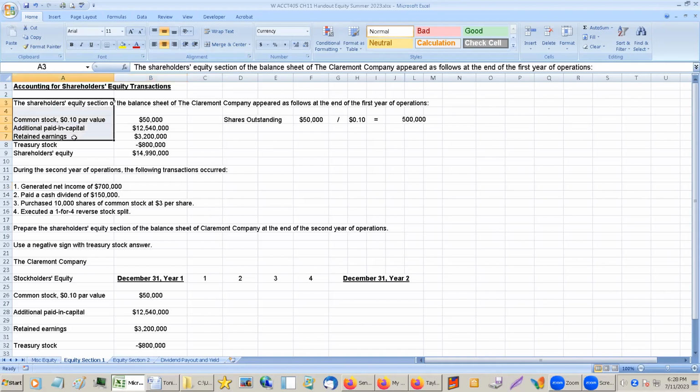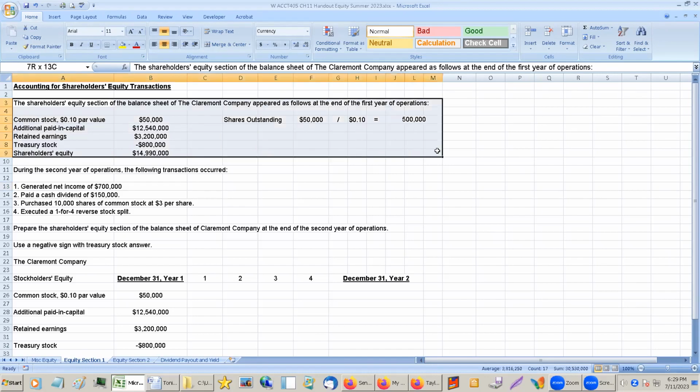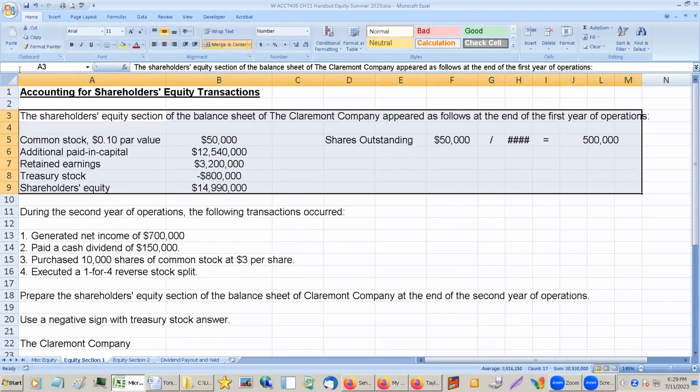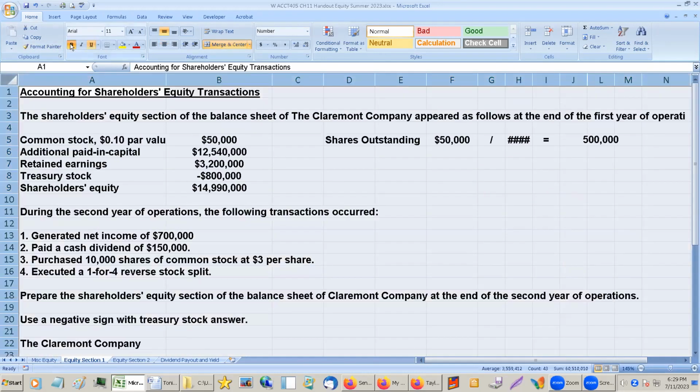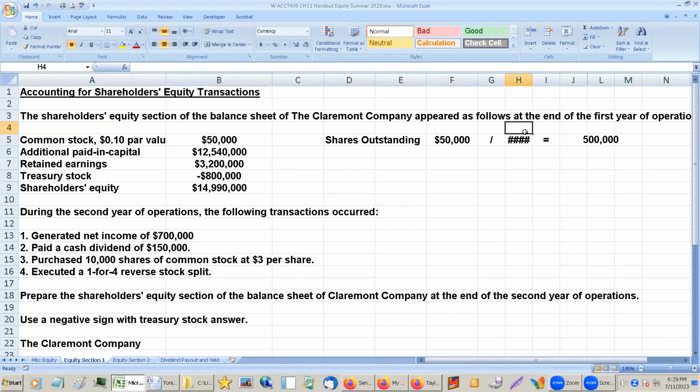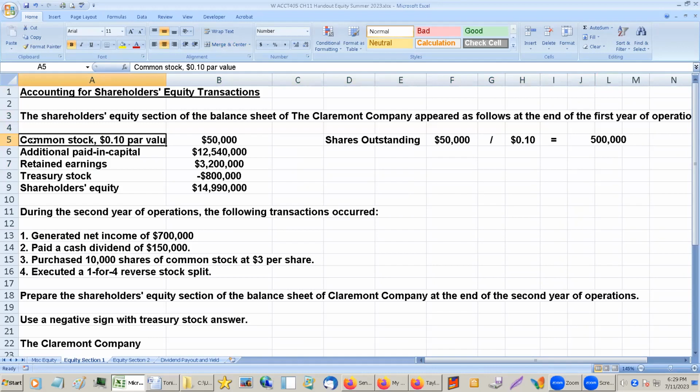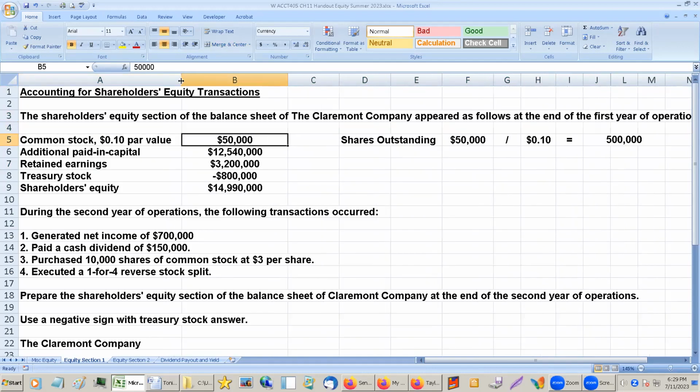Here is our problem. Let me make this a little bigger so we can read it. Common stock has a par value and shares outstanding.